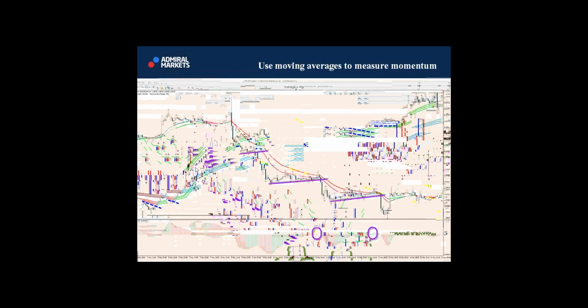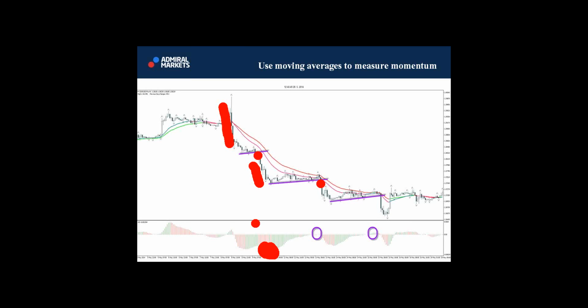Here, for instance, upon the break of this trend line, we see no divergence. Here neither. Those are very good breaks because look at the moving averages, they're bearish. Look at the impulse, it's bearish. Can't say anything about the trend, in fact, but those two things are very bearish. The AO is very strong, very bearish, no divergence.